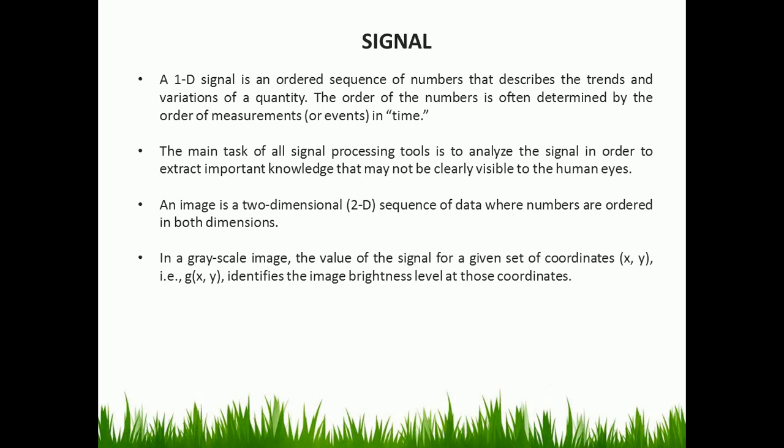So for instance, this particular screen that is visible right now has a number of x and y coordinates, and each coordinate has a particular value because of which you see what you're seeing right now on the screen. The two typical examples are the grayscale and the colored.